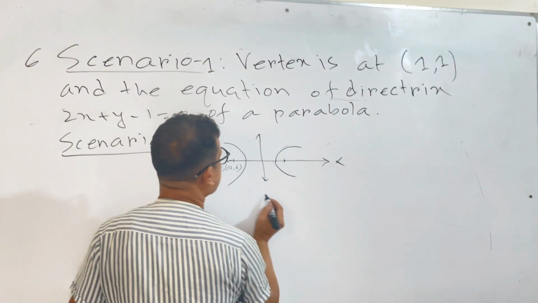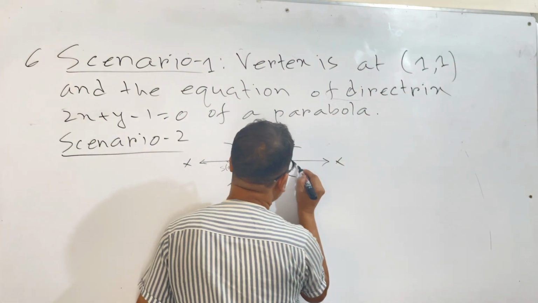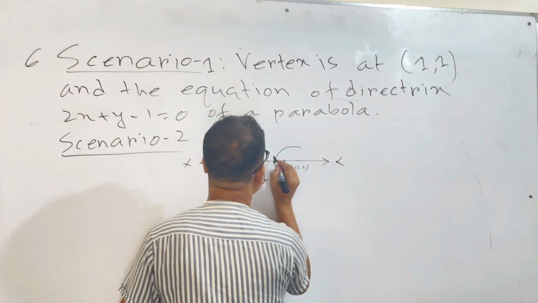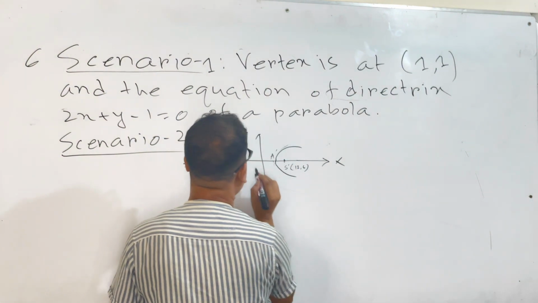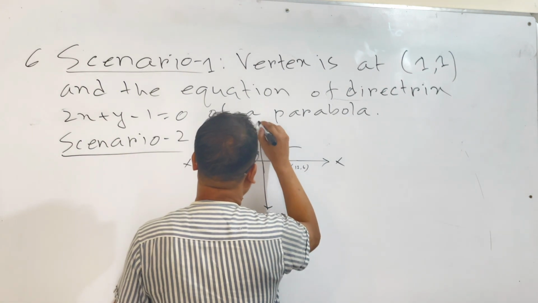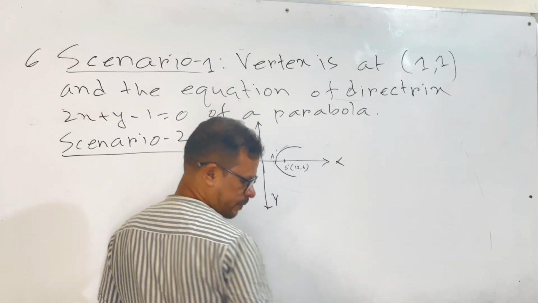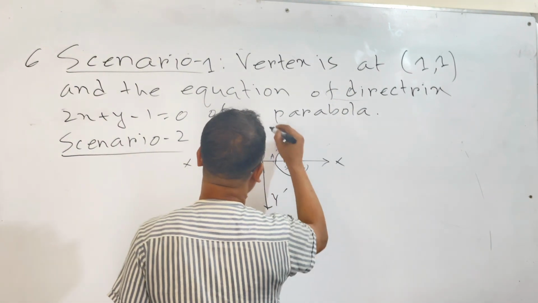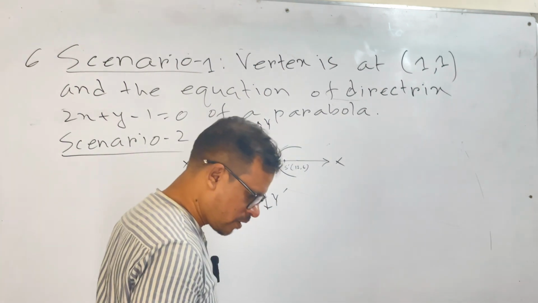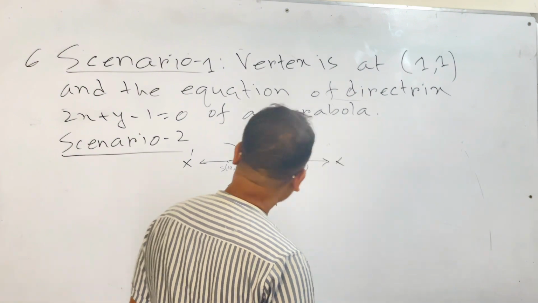What is the coordinate of S prime? (12, 6). This is A prime, this is A, and this is Y, Y prime, and X, X prime. C is the center.